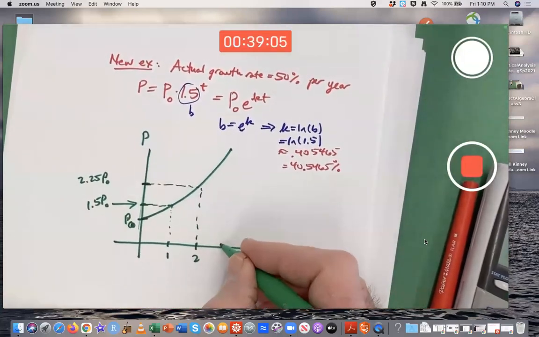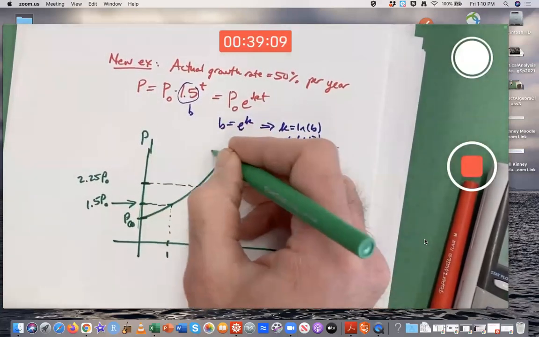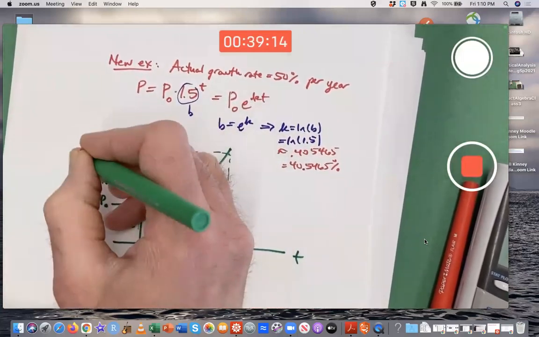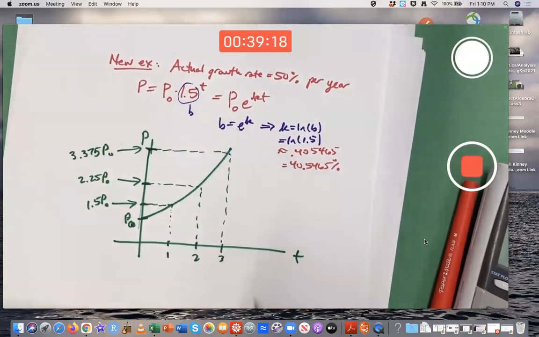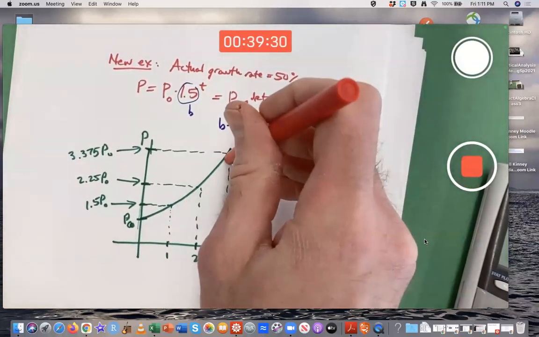At t equals 3, what we see is 3.375 times the initial population. This is concave up, it's growing faster and faster. The derivative, the rate of change, is getting higher and higher as well. The slope is getting higher and higher.